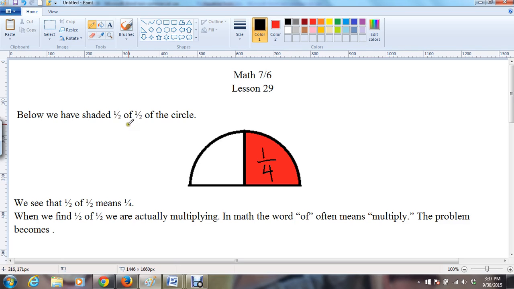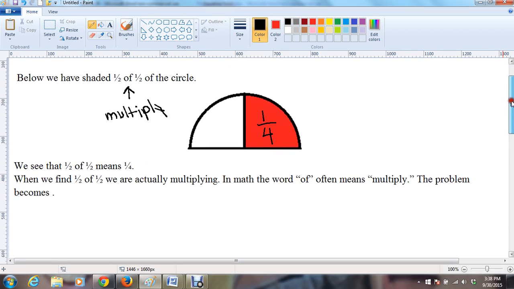A lot of times in math, whenever you see the word of, it often means multiply. So we see that 1/2 of 1/2 means 1/4, and when we find 1/2 of 1/2, we're actually multiplying. That's what it means.